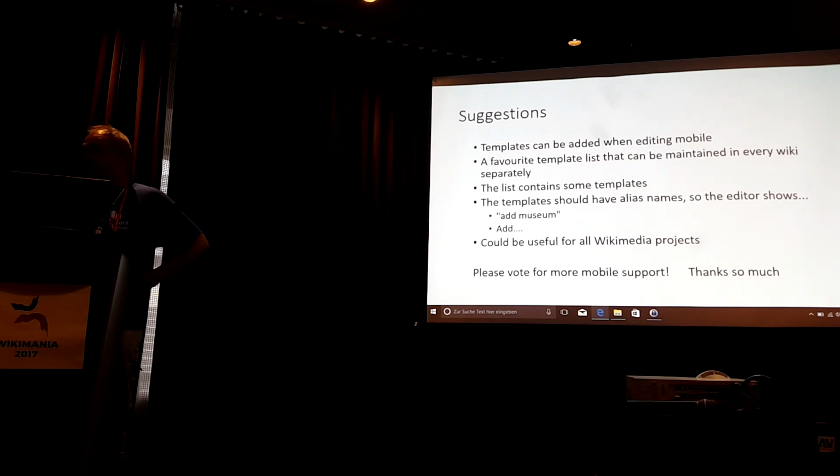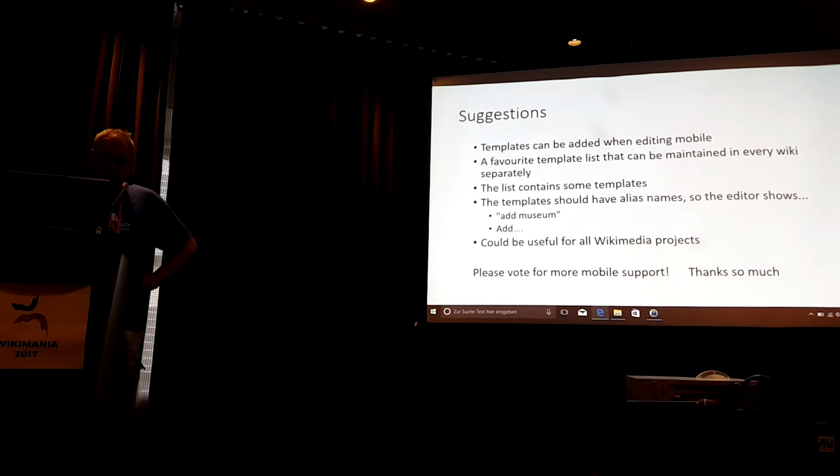Most templates have a very unhelpful name, so the editor could show a little button like "add museum" or whatever else. We think this is quite important for us because people are on the road. If they sit in a nice cafe in Bangkok and want to add a museum or change just the opening times, they have no chance to do it at the moment.